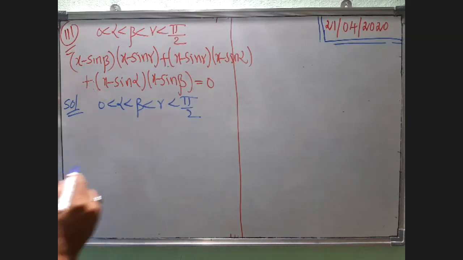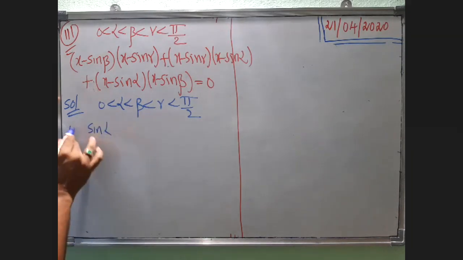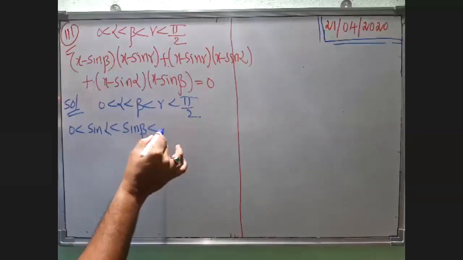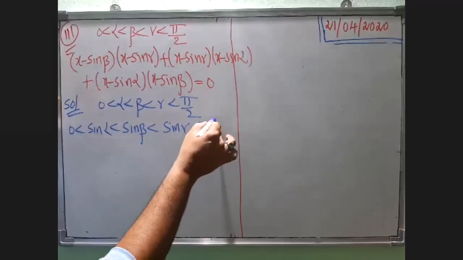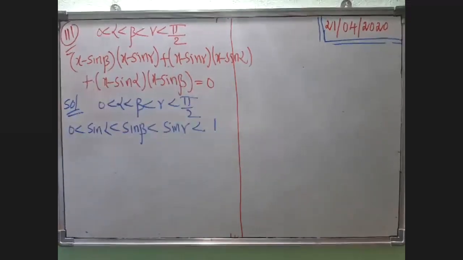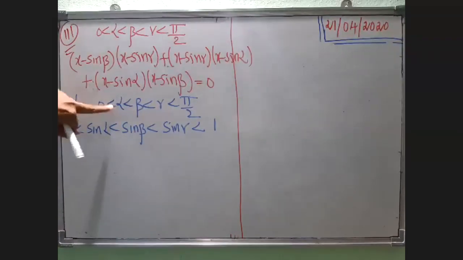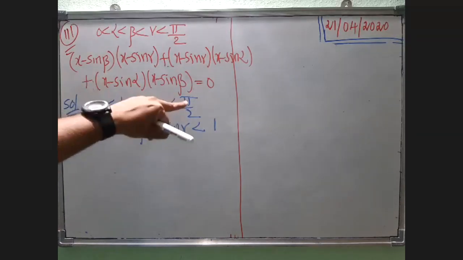That means sin alpha value will be less than sin beta value, less than sin gamma value, less than sin pi by 2, which is 1. If you take sin on all the terms, sin 0 is 0, sin alpha is less than sin beta, less than sin gamma, less than sin pi by 2.